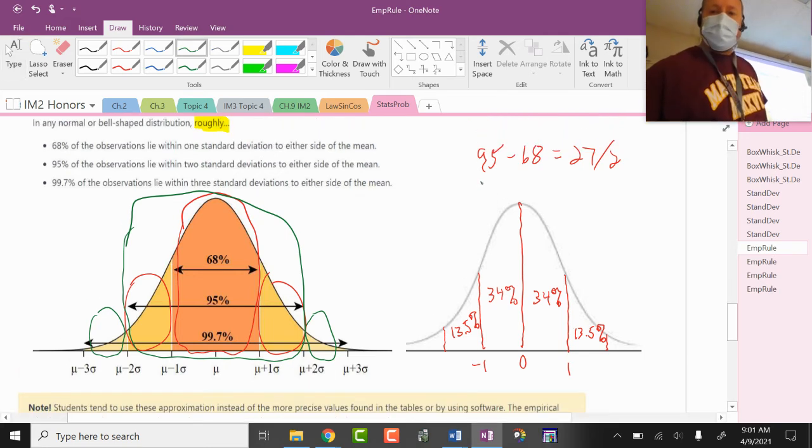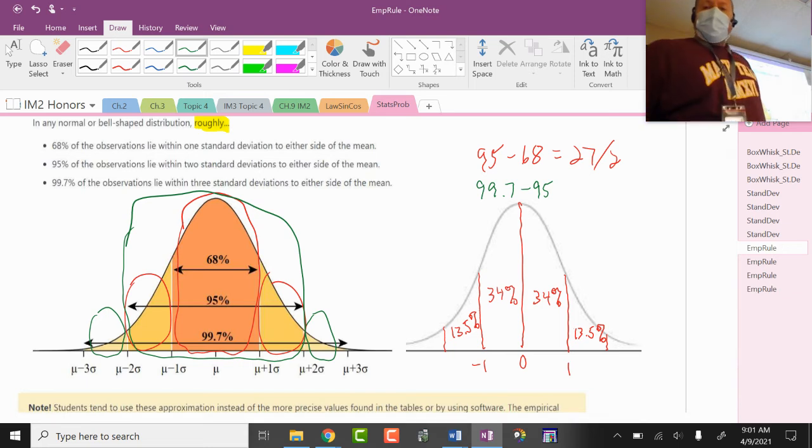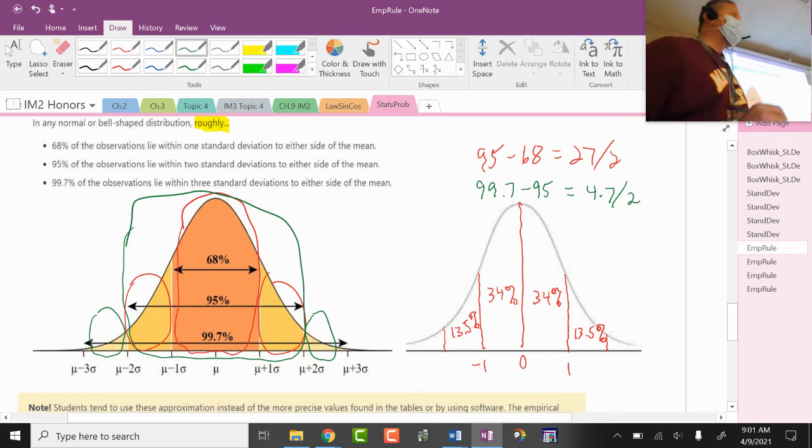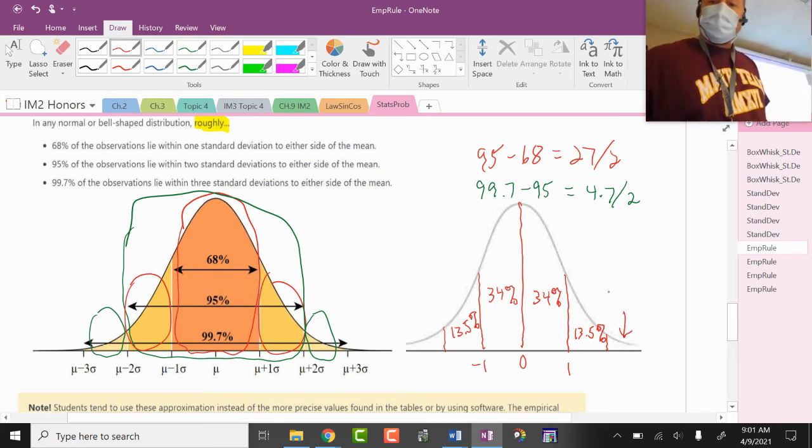You take 99.7 and you subtract 95 because I want to get that 95 out and see what's left over on those last two quadrants. Is that 4.7? What's that divided by 2? 2.35. Okay, then this is how I'm going to write this because this area is so small here. I'll write this as 2.35.